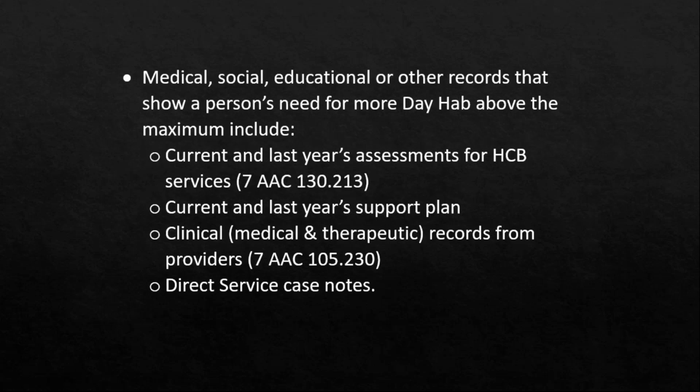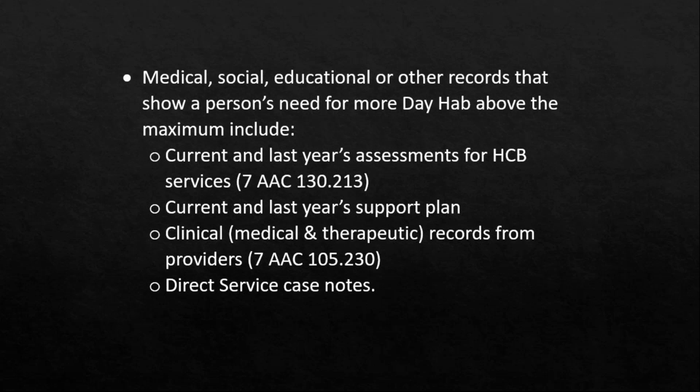Okay, so talking about that, there would be medical, social, educational, or other records that show their need for day hab above the maximum. And what would that be? What kind of documentation would that be? It could be current and last year's assessments for waiver services. Could be current and last year's support plan.